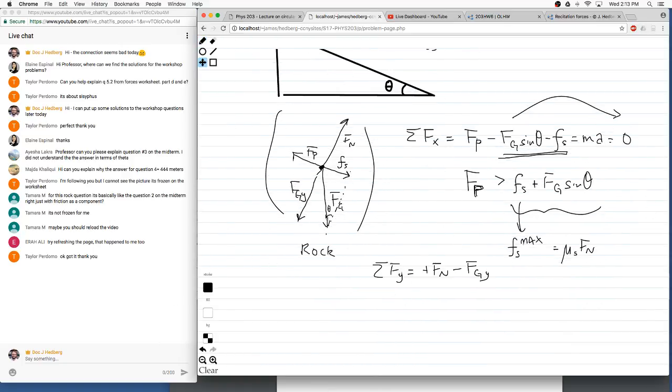And since we have no acceleration in the y direction, this will equal 0, and I'll have Fn equals Fgy, which is just going to be mg cosine theta. Okay, so then I could take this and plug it in for Fn.